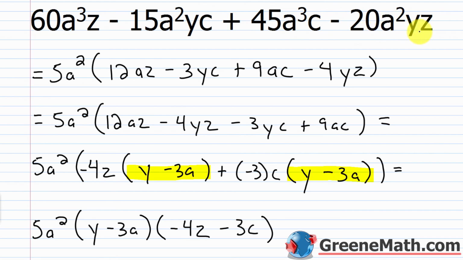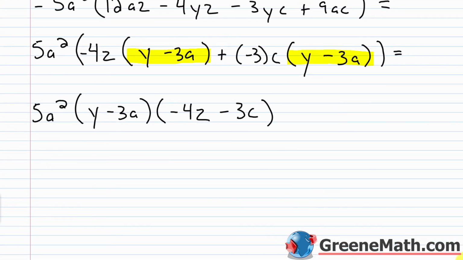And then one additional thing you might want to do, and I'm not sure if your teacher requires you to do this or not, but a lot of times they don't like any of the leading terms in here to be negative. So you could further factor this and factor out a negative 1. So you could pull this guy out and this guy out and just change the sign. So I would just put a negative 1 all the way out in front.